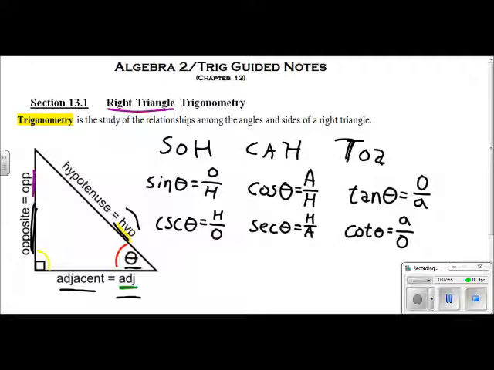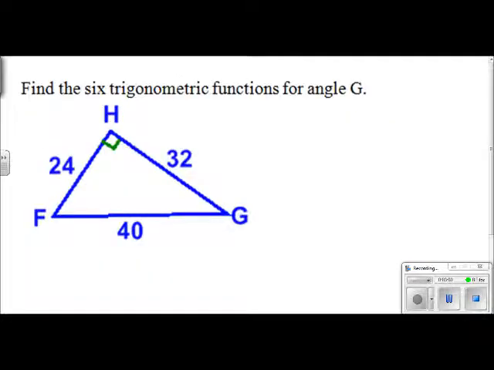Now that we know the six basic trigonometric functions, let's see how they work and interact with one another. So if we wanted to find the six trigonometric functions for angle G, this is our theta.